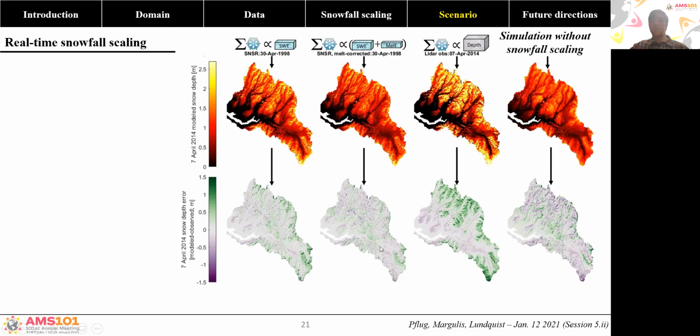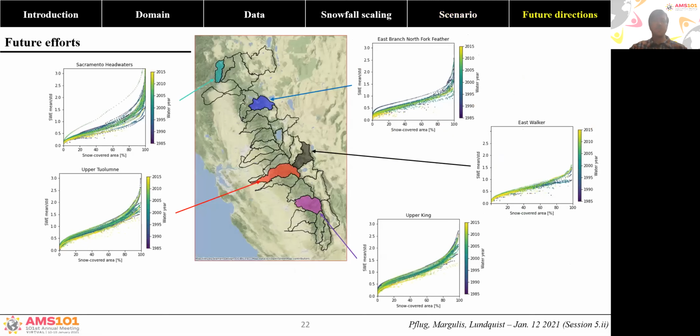And there is a significantly better performance for this simulation as compared to the simulation that used no snowfall scaling and therefore had some issues with really capturing these effects like wind redistribution and specifically preferential deposition on the lee sides of these steep mountainous slopes.